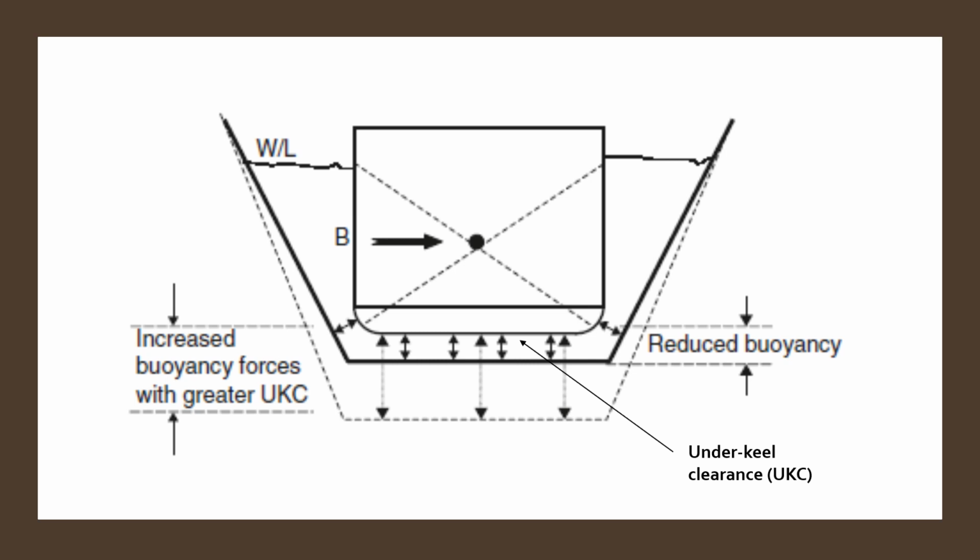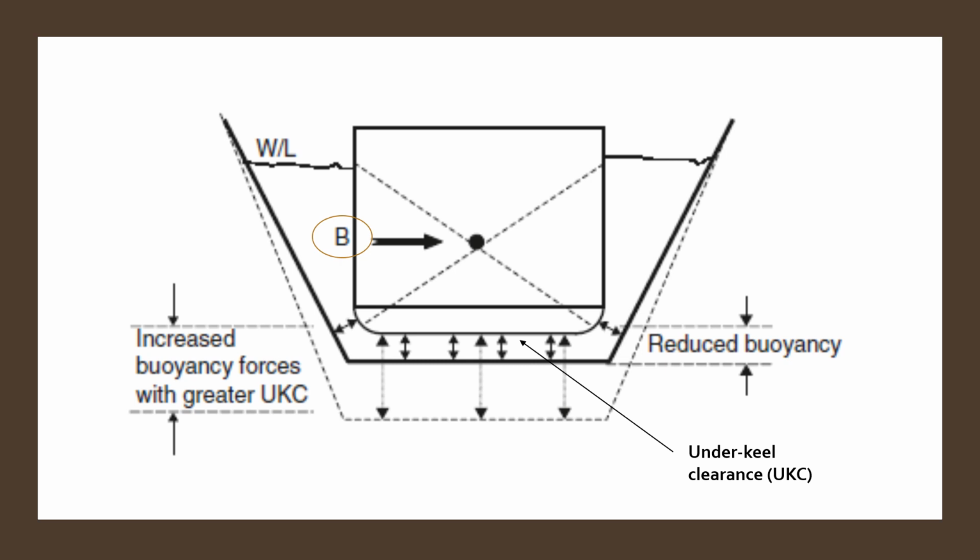So if you compare it to deeper water, there'll be much more water below the hull, and hence more water will lead to more buoyancy provided, right? So this is what buoyancy looks like. Remember that the position of the buoyancy is defined as the geometric center of the underwater volume.